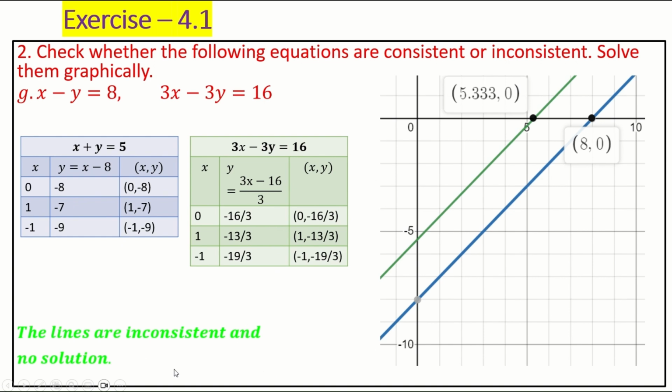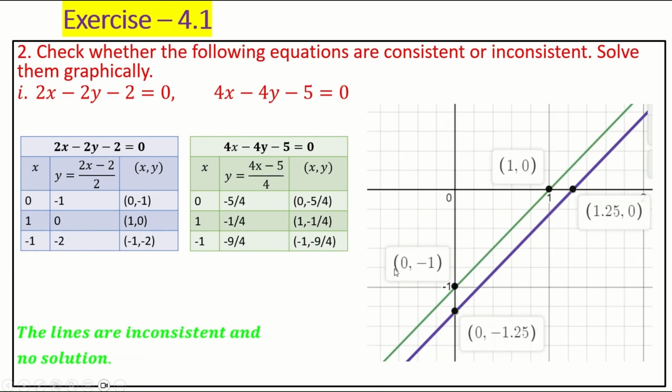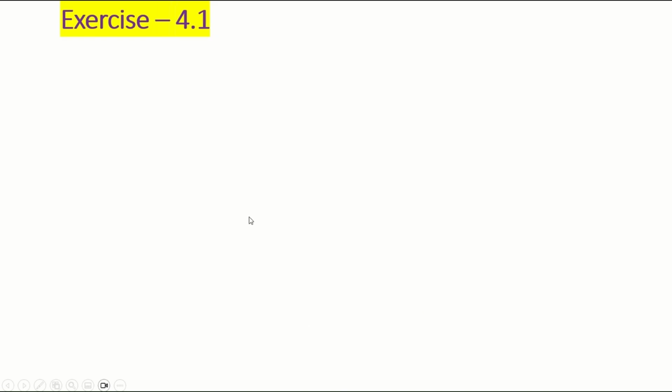The lines are inconsistent and no solution. Okay, H, the lines are consistent, intersecting, and unique solution. Okay, lines are inconsistent and no solution. Parallel lines, basically. I. So that is how you need to solve the pair of linear equations problem graphically. Next.